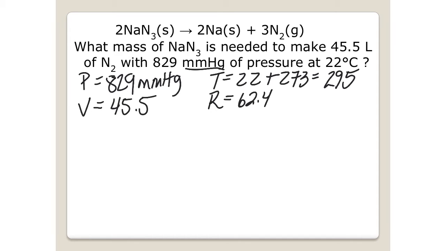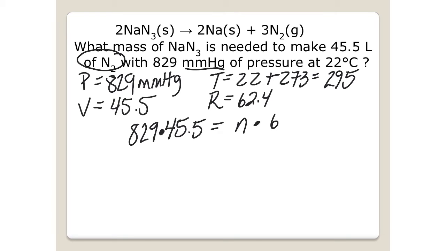So now we're going to plug and chug that in, and we're going to be solving for moles. We're going to get moles of N2. So that's going to be our first step. If I set this up, we've got 829 times 45.5, which is going to be equal to n, which is what we're solving for, times R, which is 62.4, times our temp, 295.